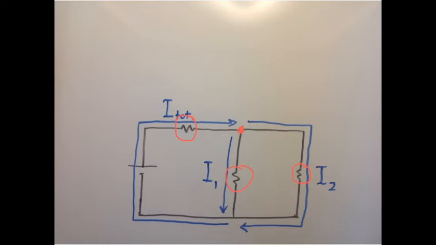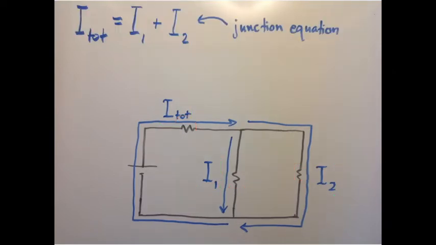The only current that I see going into it is I total. The currents that I see going out of it are I1 and I2. And so if I in equals I out, I should write that equation up there. And that's a junction equation.